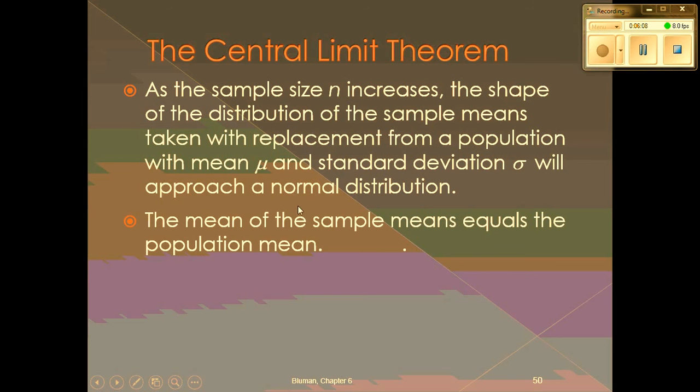Okay? The mean of the sample means equals the population mean. Right there. So this is the mean of the mean, and this is the population mean.